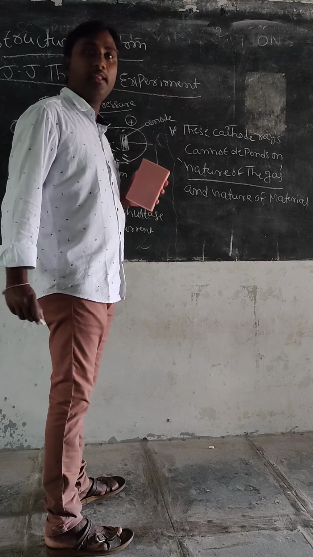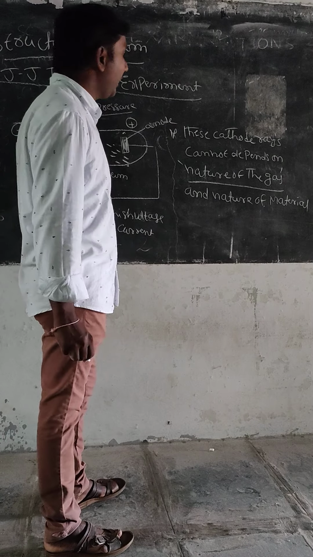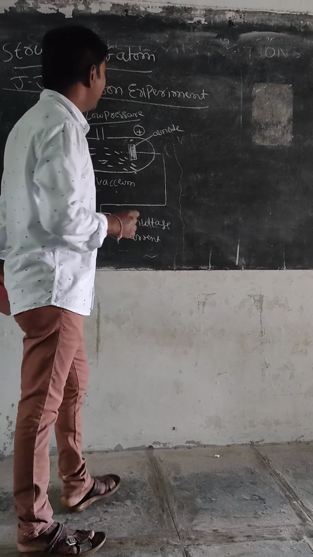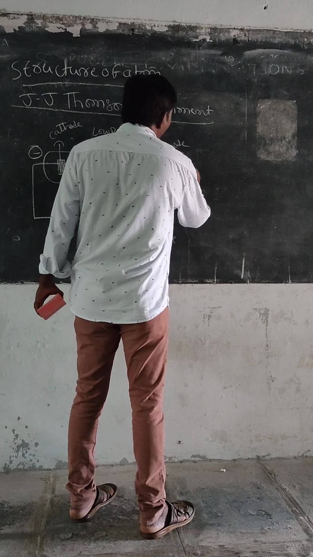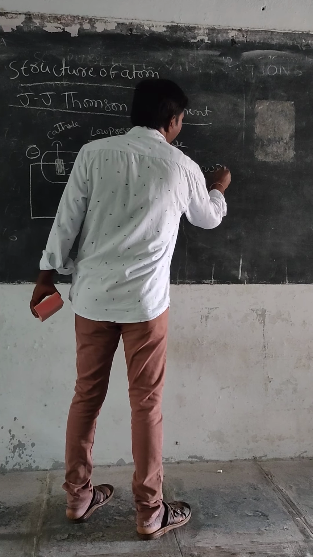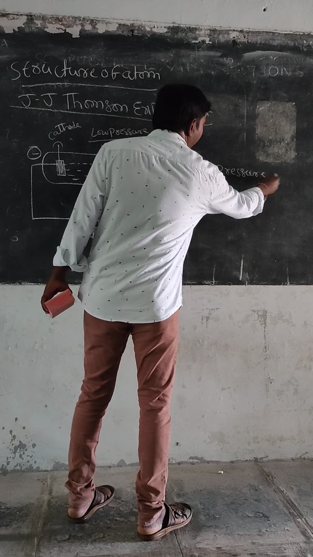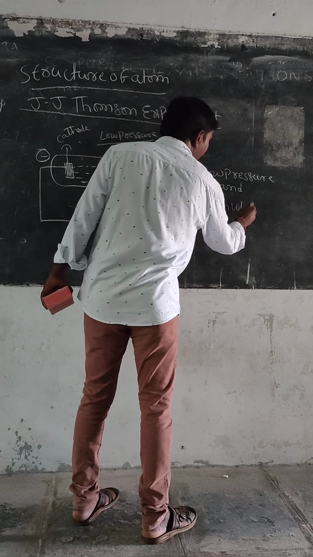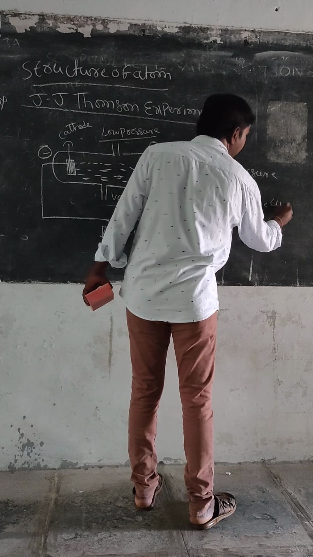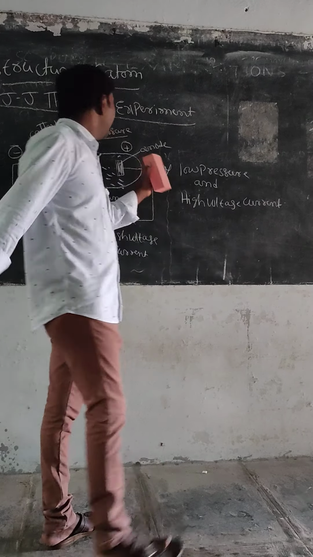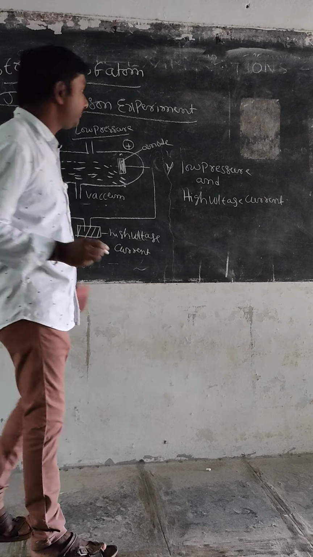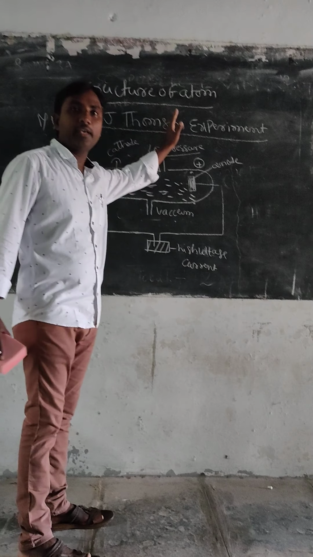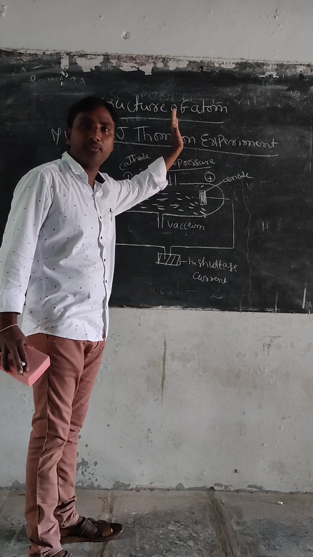This is another important point. Next, we should apply low pressure and high voltage current. This is the nature of the cathode tube. This is the J.J. Thomson experiment, or cathode discharge tube experiment.